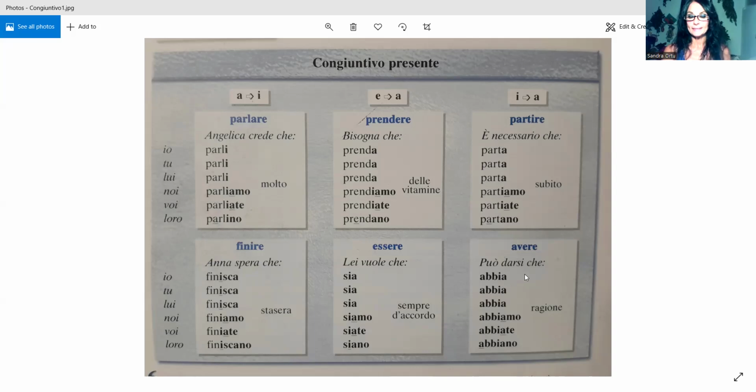Right, so these are the endings for congiuntivo presente. And now I'm going to stop sharing and we are going to see, I'll share another table. We're going to see when we use congiuntivo.